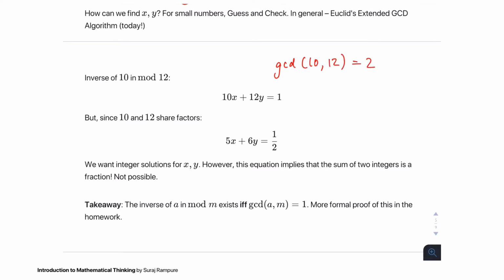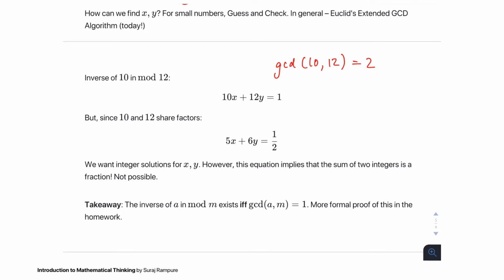Since they both share that factor, I can divide it out on both sides, and I'm left with 5x plus 6y is equal to 1/2. But I'm trying to find integers x and y, and 5 times some integer plus 6 times some other integer will always be another integer. So it's impossible for it to be equal to 1/2, which tells us that when the greatest common divisor of a and m is anything other than 1, there's no inverse of a in modulo m.